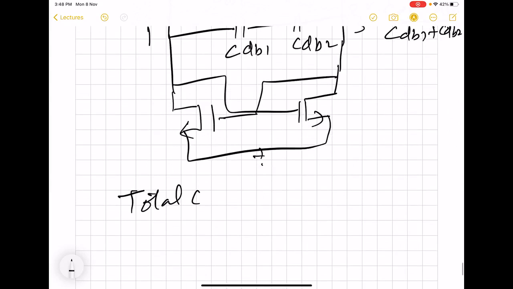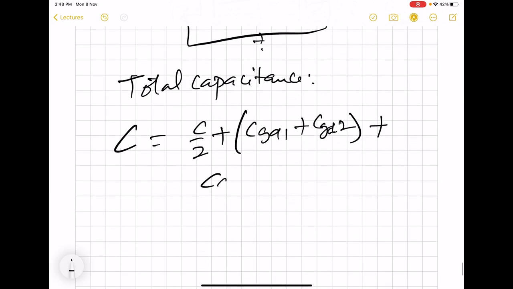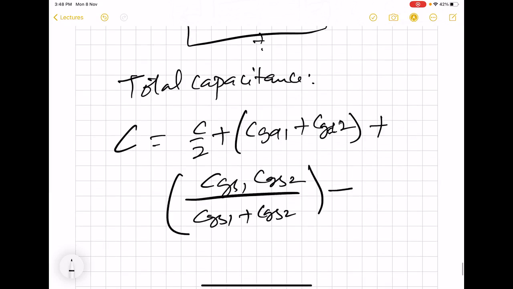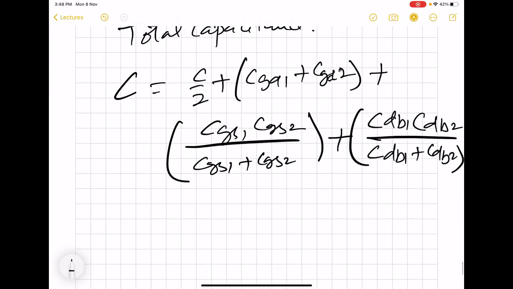So total capacitance is going to be C by 2 plus CGD1 plus CGD2 plus CGS1 CGS2 divided by CGS1 plus CGS2 plus CDB1 CDB2 divided by CDB1 plus CDB2. So this is going to be total capacitance.